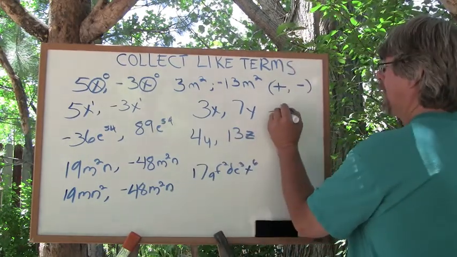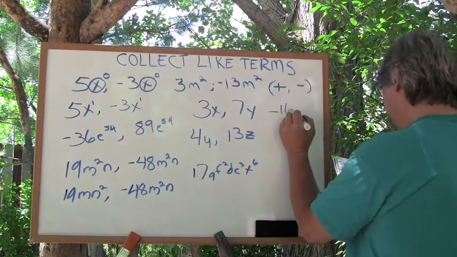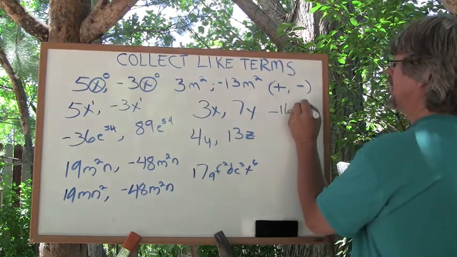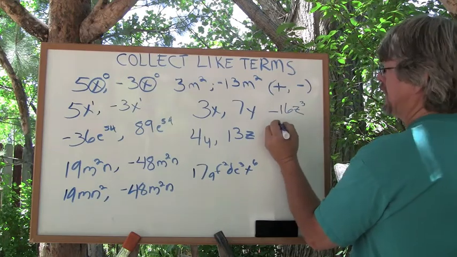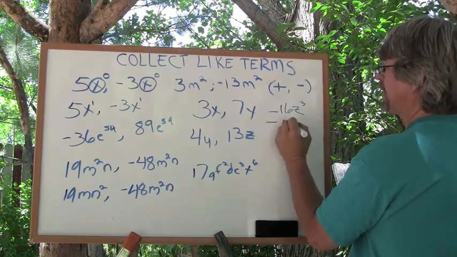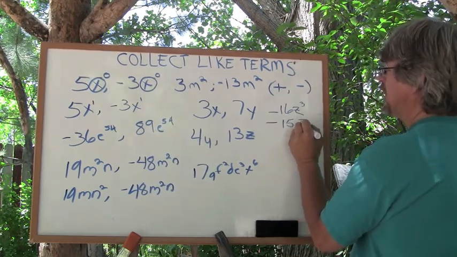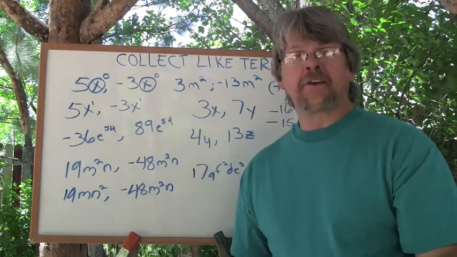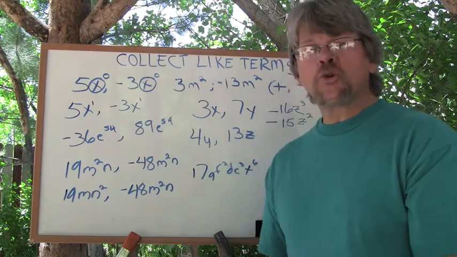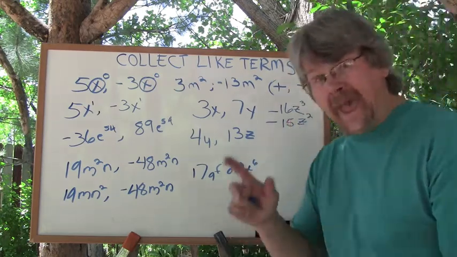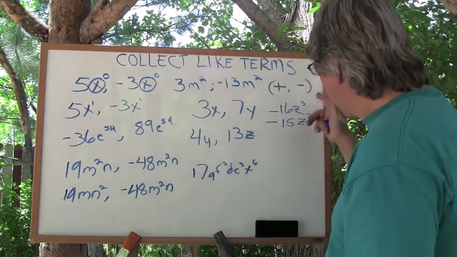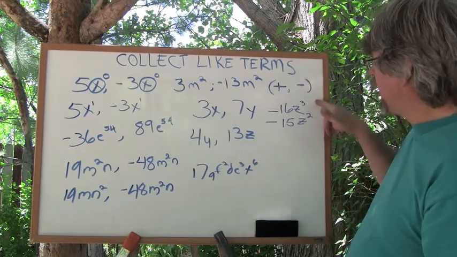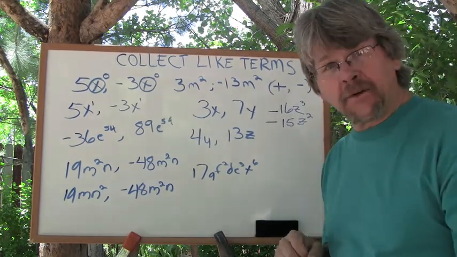We want like terms. Negative 16z cubed and negative 15z squared are not like terms. You cannot, remember, in adding, you cannot combine z cubed and z squared.